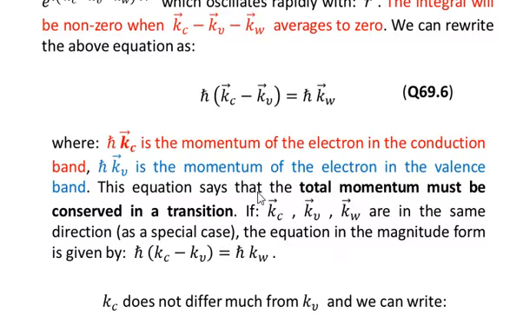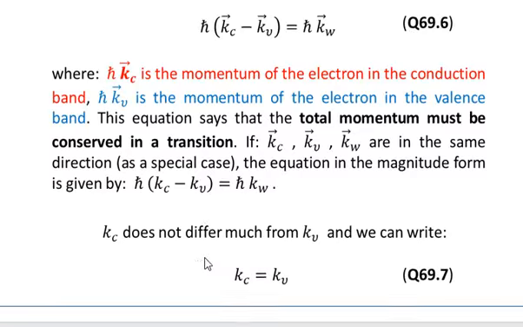Then the magnitude form of equation number 69.6 is given by h bar within parentheses Kc minus Kv, and then h bar Kw on the right hand side. This is the same equation as 69.6, but in magnitude form, assuming that all the wave numbers, that is Kc, Kv and Kw, are in the same direction.